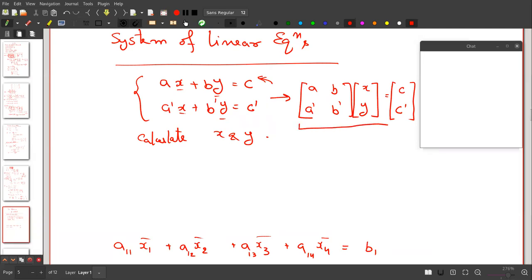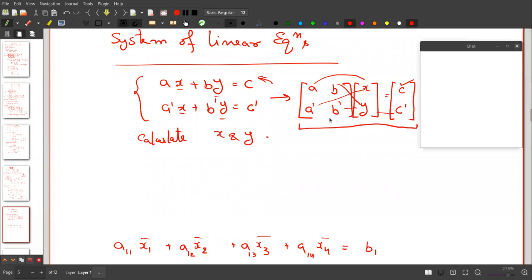Is this form clear, or should I explain it? Clear? Because when you do matrix multiplication, ax plus by equals this, and then a prime x plus b prime y equals this. So this is simple matrix multiplication. I have written this equation in matrix form.